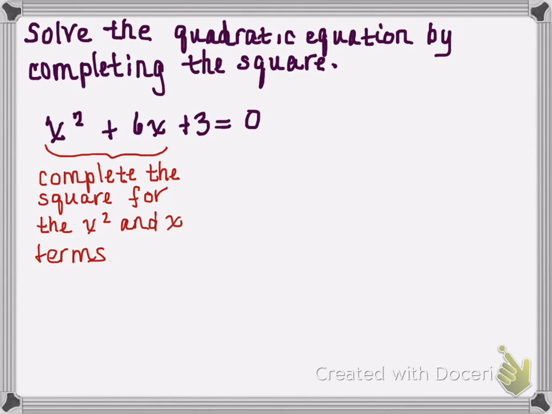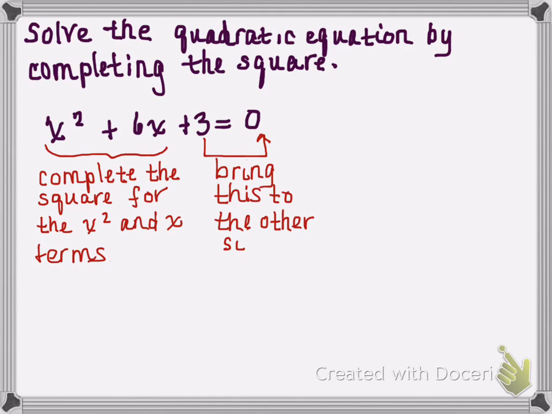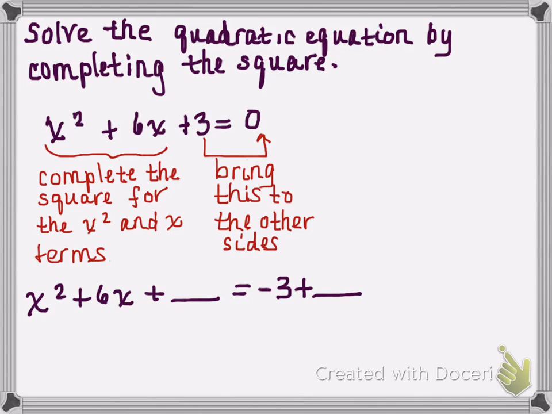For this one, we're going to complete the square for the x squared and x terms. We're going to take that positive 3 and bring it over to the other side so that we're not muddling up the left side. So I have x squared plus 6x, and I'm going to complete the square by adding a number there on the left side. I'm putting a space so I know there's a number that's going to go there. And when I subtract 3 from both sides, I have negative 3 plus another space.